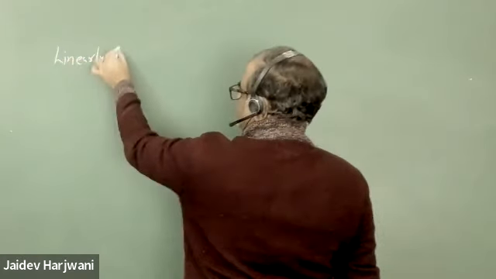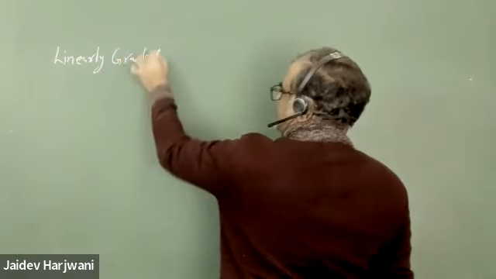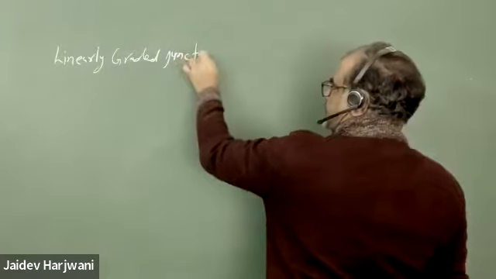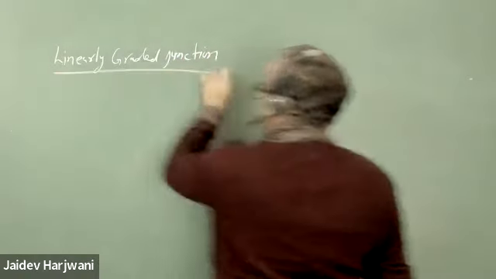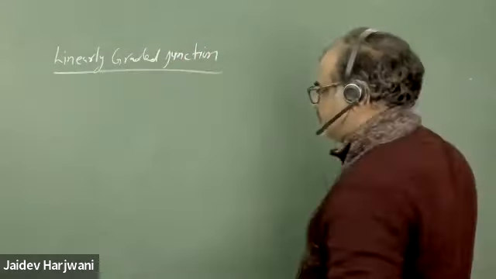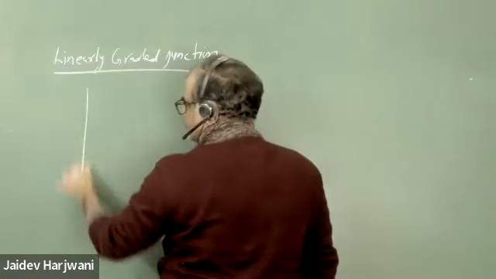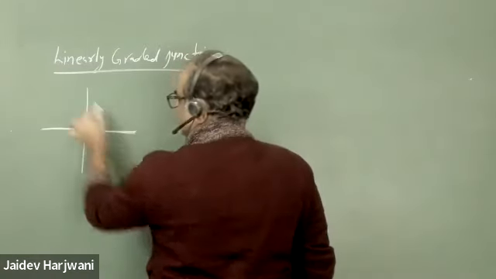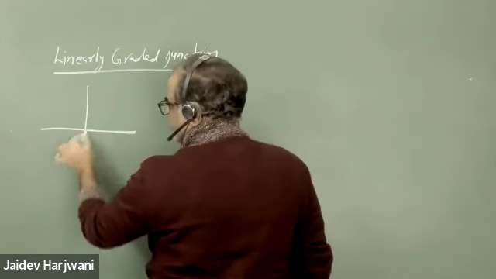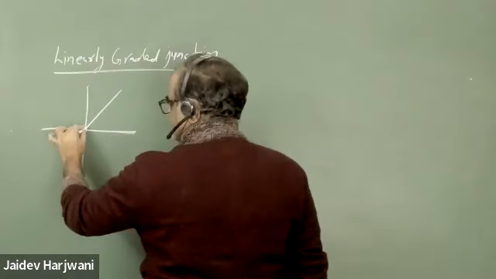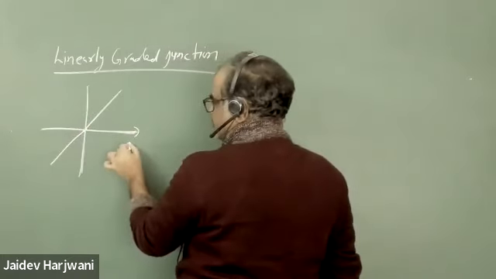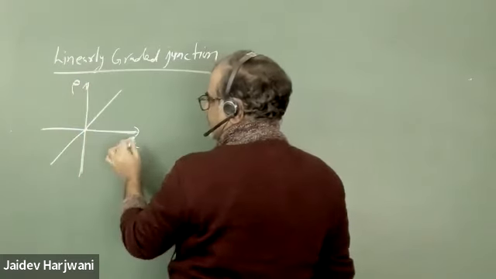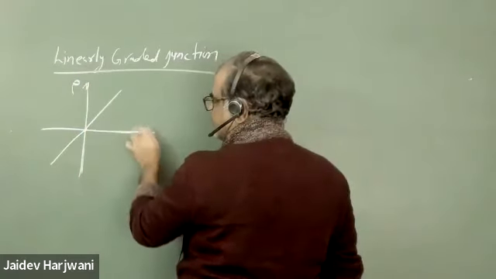In reality, no junction is an abrupt PN junction, so let me draw the linearly graded junction now. What do you mean by linearly graded junction? If you have a charge density varying linearly with x, this is your x and this is your rho. Earlier it was abrupt, now it is linearly varying.